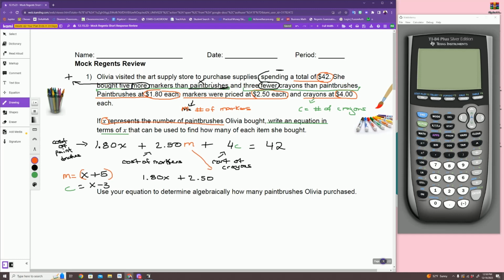So here would be x plus 5, plus 4 times the number of crayons, which is x minus 3. The number of crayons times 4 would be the cost of the crayons. And altogether, this equals $42.